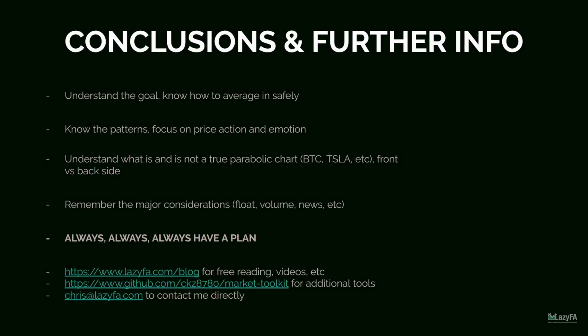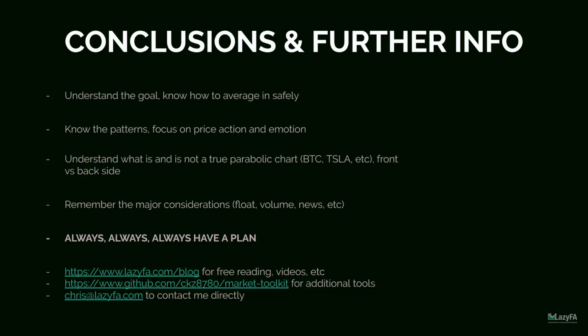So, conclusions. Understand the goal. Know how to manage your risk. Average in safely, right? Keep in mind the idea of starting small and adding more as the trade works for you. And that can be used not only on parabolic trades, but on all trades.